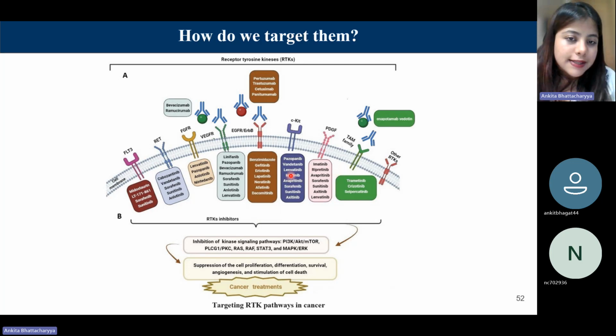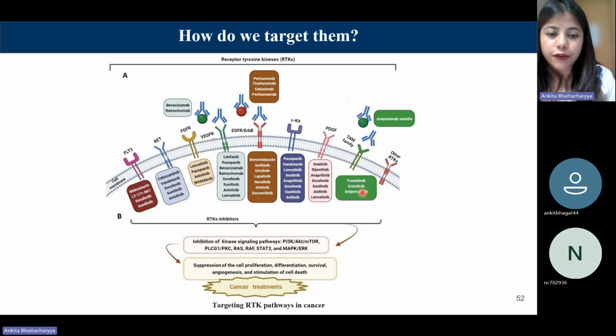Let me give you an example. Say, for example, trastuzumab. You will not find it in the other types of inhibitors for other pathways, which means that it is only specific for inhibiting this EGFR receptor and the EGF binding to the EGFR receptor. Trastuzumab, cetuximab, all of these are responsible for inhibition of this pathway.